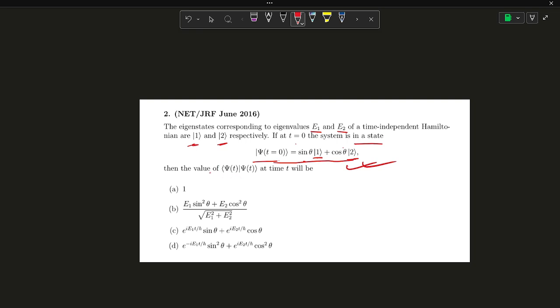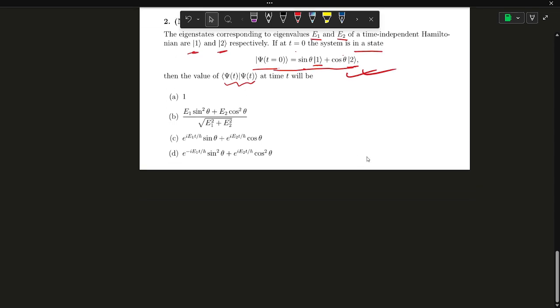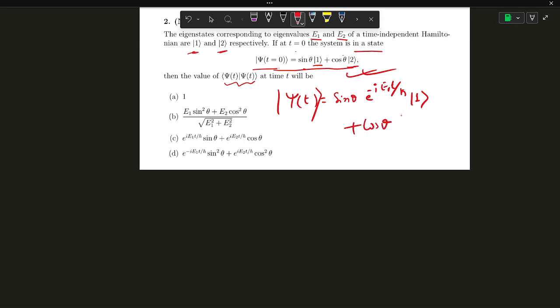Then what will be the value of psi at the time t? So again we have to find the time t. What we will do, we will write psi at t is equal to sin theta e to the power minus i E1 t upon h-bar |1> plus cos theta e to the power minus i E2 t upon h-bar |2>.